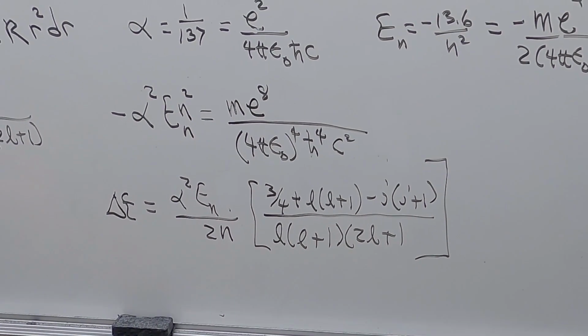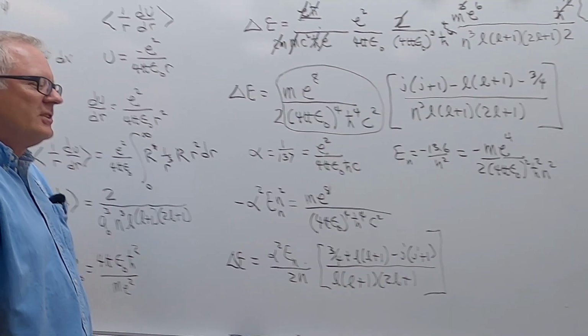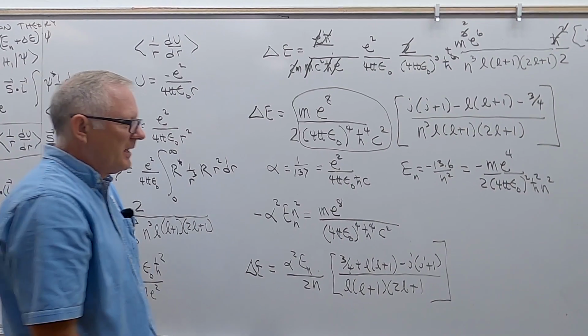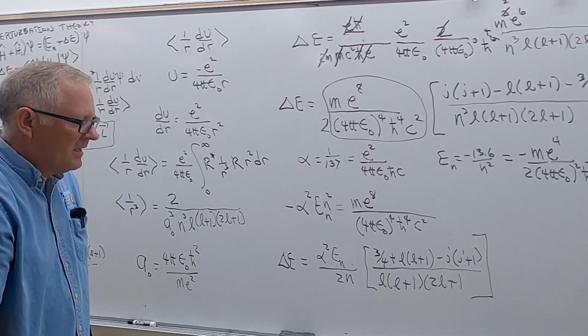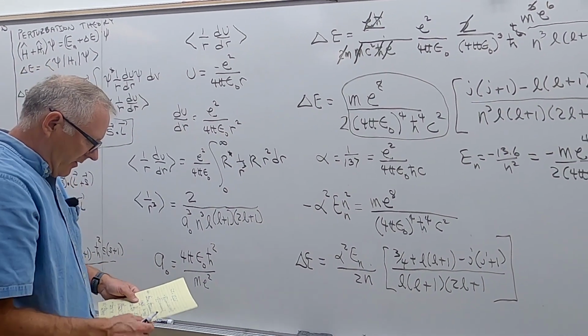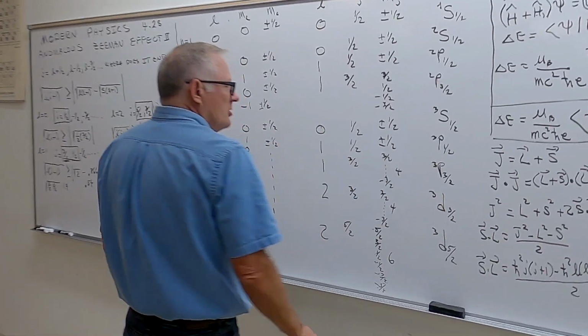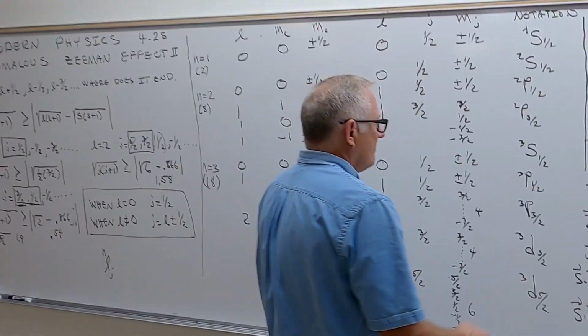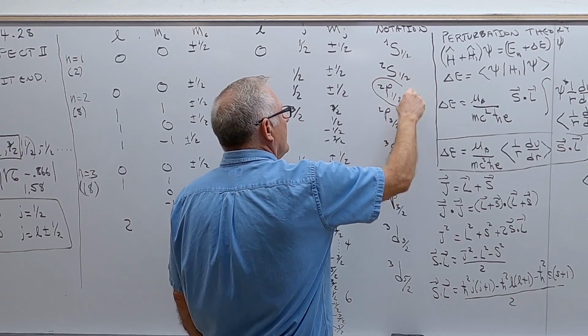Okay. Now, this is going to be this. So this is how much the energies are going to be shifted. You notice it depends on L and J and what n is right there. Matter of fact, if we wanted to look at it for a particular case, any of these lines right here, suppose we just picked one like how about this one right here?